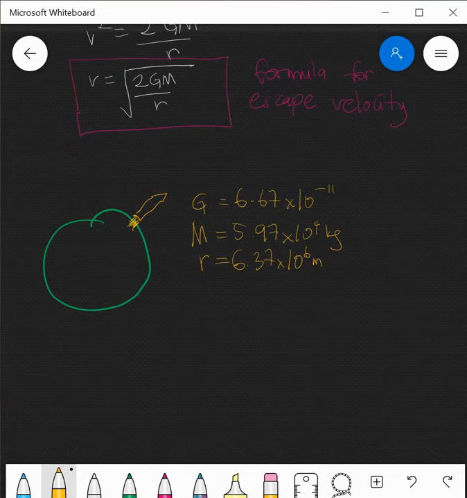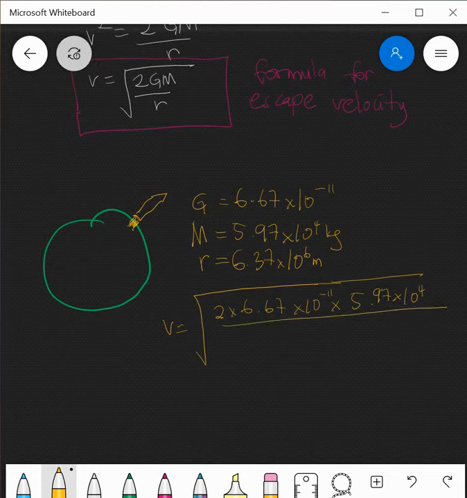Okay, so now you substitute everything in the equation. So 2 times 6.67 times 10 to the power of minus 11 times mass 5.97 times 10 to the power of 24 over the radius of the earth.